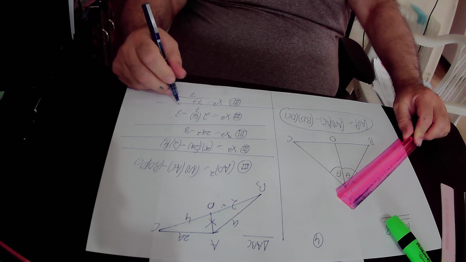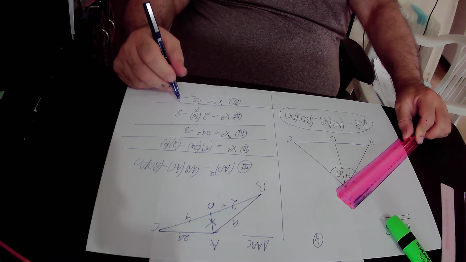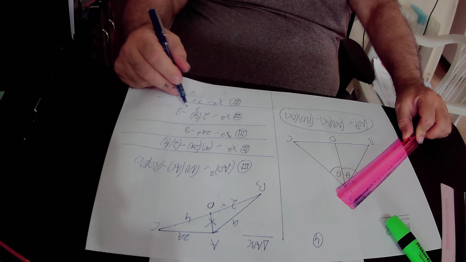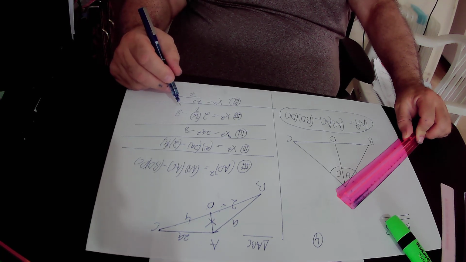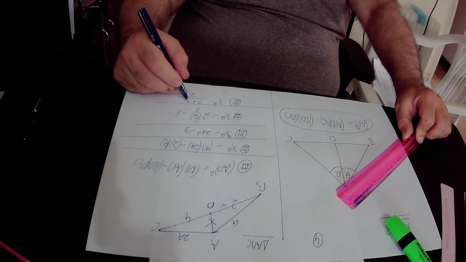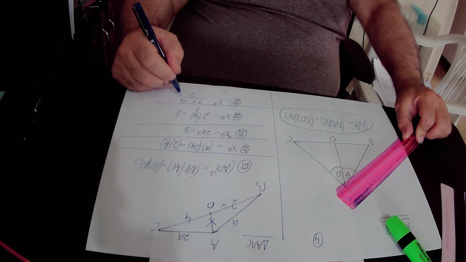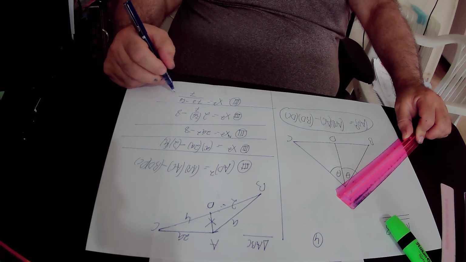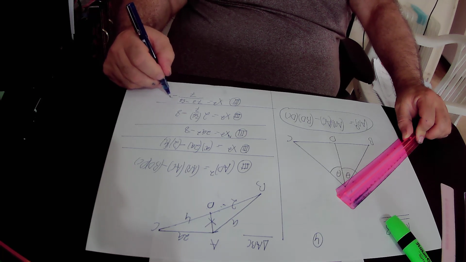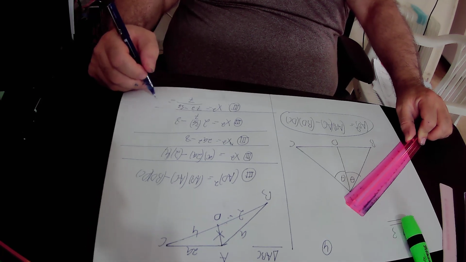Here we multiply 8 by 7 and then divide by 7 in order to have a common factor with this expression. So 8 times 7 is 56. So we found out that X squared equals 72 minus 56 over 7.